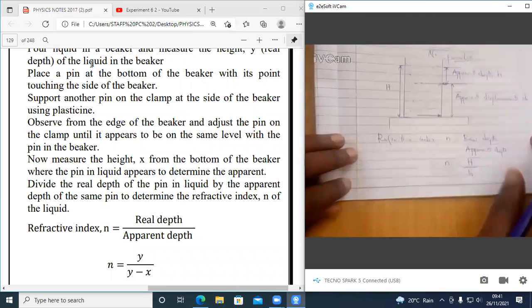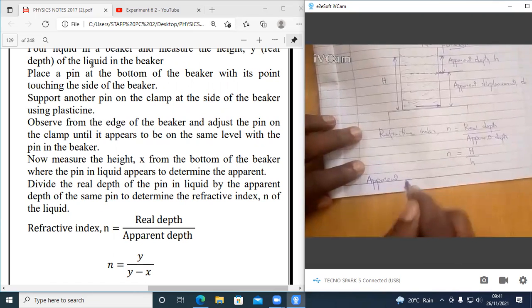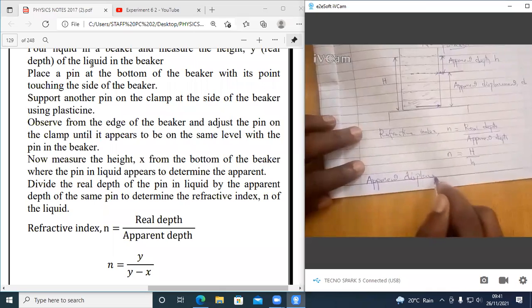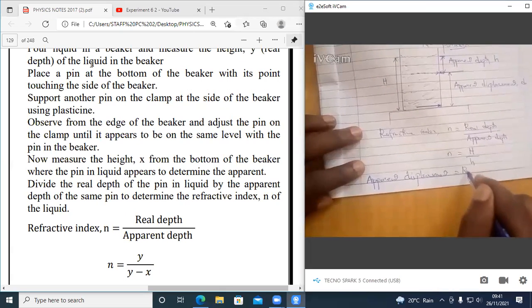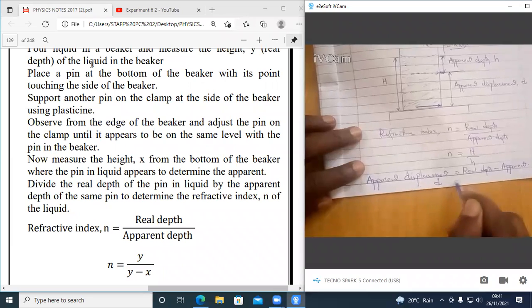So from here, in case they are asking for apparent displacement, we said apparent displacement is equal to real depth minus apparent depth. Which means D will be equal to capital H minus small h. So take note of that.